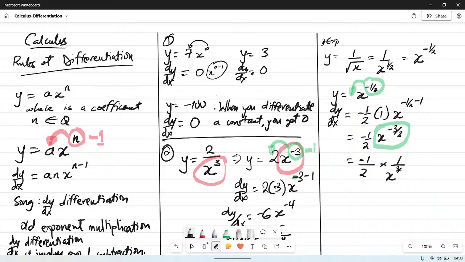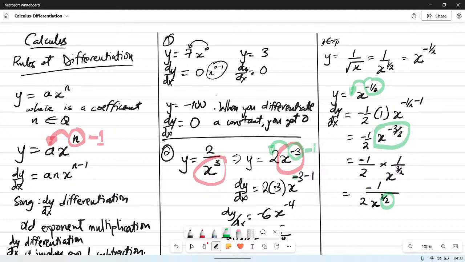So 3 over 2, which eventually becomes negative 1 all over 2 x exponent 3 over 2. But I told you that whenever you are dealing with the root, this part alone is the root.